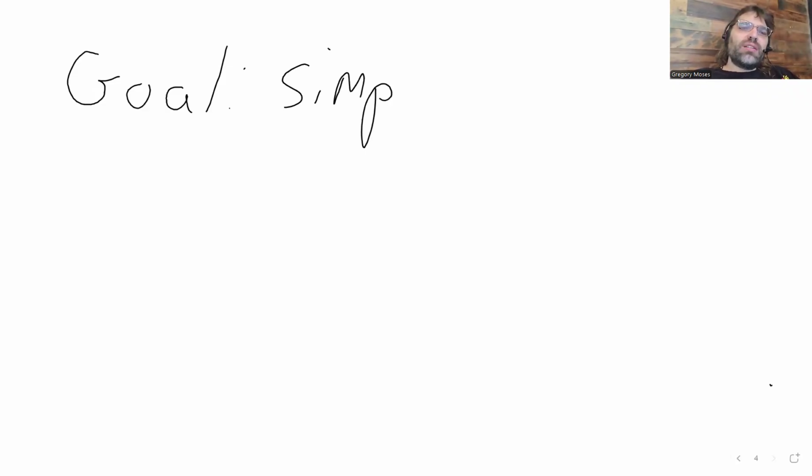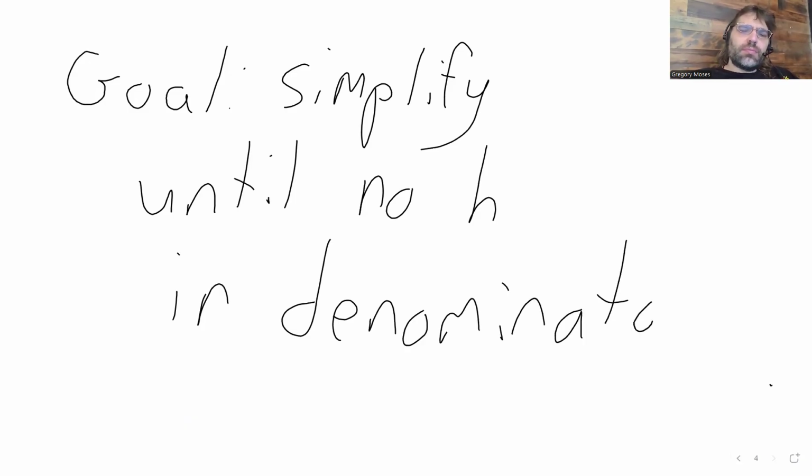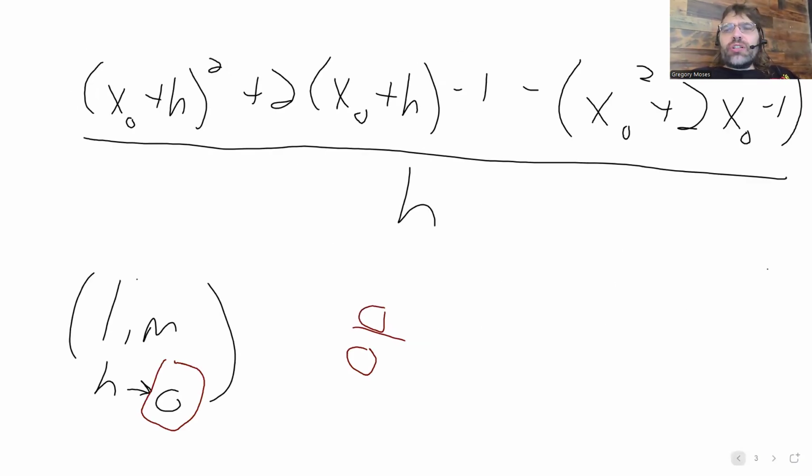Our goal will be to simplify until there's no h in the denominator, because the h in the denominator is the problem. It's giving you a division by 0 error. If you could get rid of it, we could just use continuity and stick the 0 right in there.